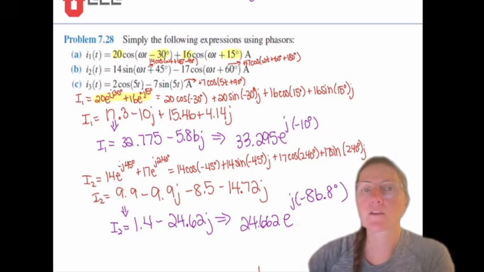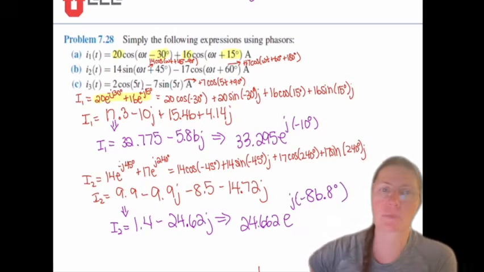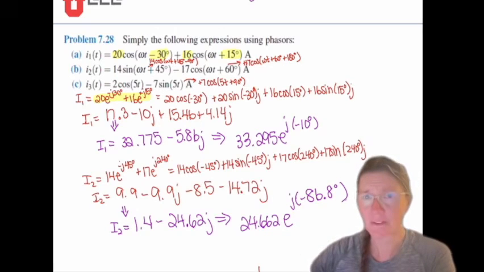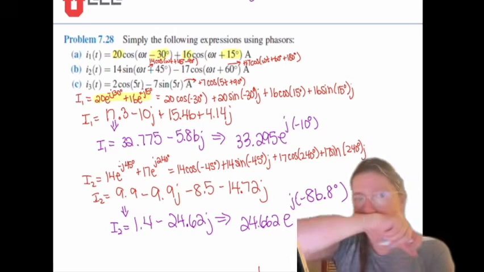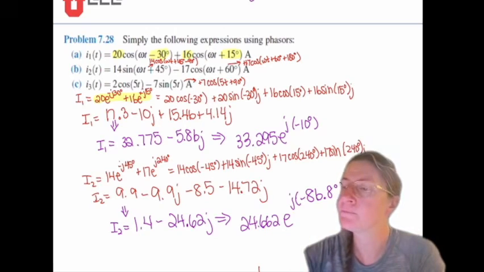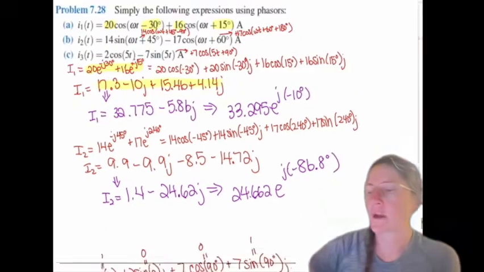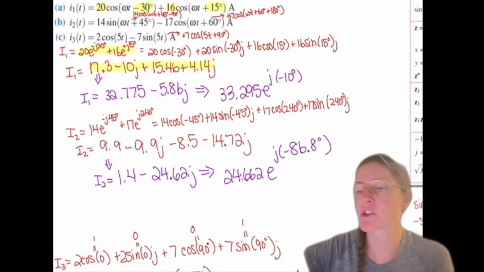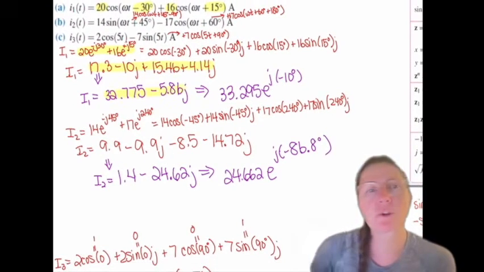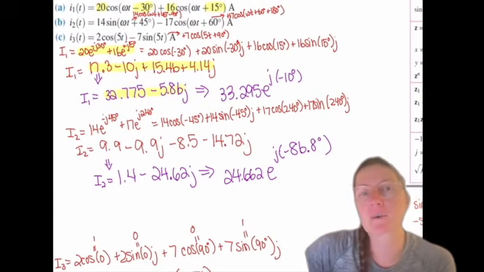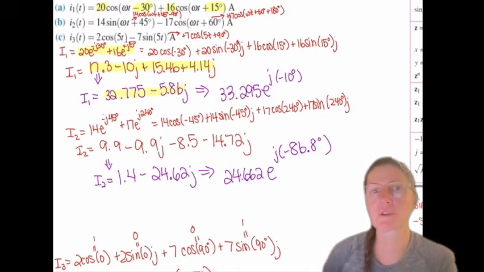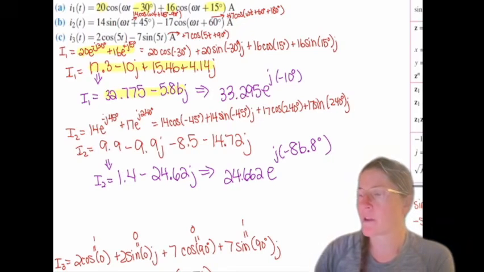And then you take the 20 cosine minus 30 and the sines for the imaginary parts, add up the real numbers together and the imaginary, and you get 32.775 minus 5.86j, and then convert that back into the polar form.